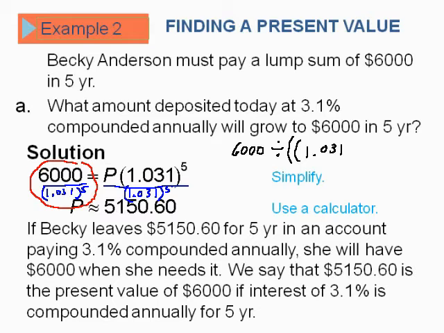Let's go parentheses, 1.031 raised to the 5th power, close, close. All right, because if you don't enter things right, and you really have to practice, you're going to make some calculator errors here. So the answer would be about $5,150.60 would have to be how much you put in order for this to happen.